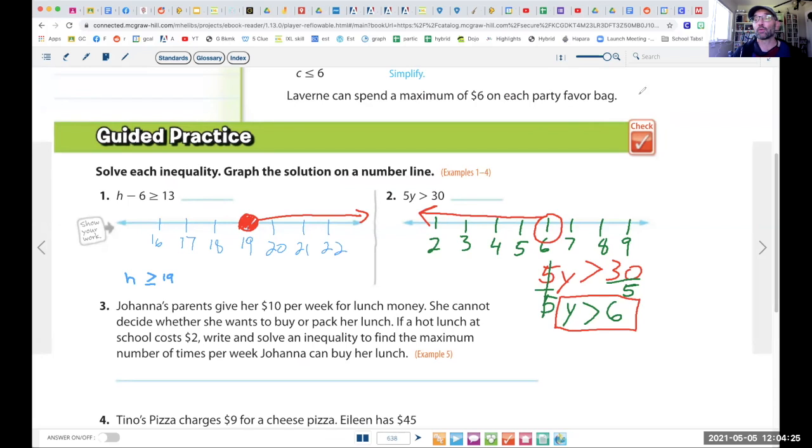Right, so that was incorrect because I drew my arrow the wrong way. This is y greater than 6, and these numbers are all less than 6. So what I should have done instead is draw my arrow going that way. The circle is right because it is greater, so it's an open circle. It's not filled in. All right, good job, everybody.